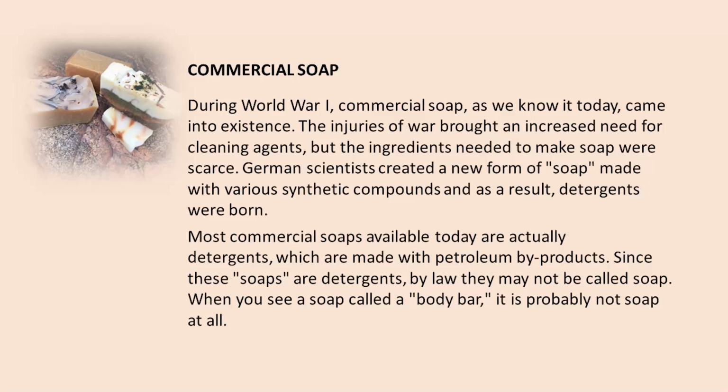The injuries of war brought an increased need for cleaning agents, but ingredients needed to make soap were scarce. So German scientists created a new form of soap, which they call detergent, basically. So the soaps that we get now are detergents made from synthetic compounds. Most commercial soaps available today are actually detergents.